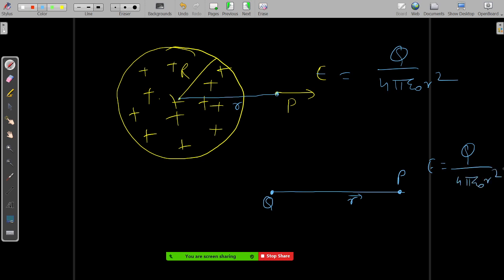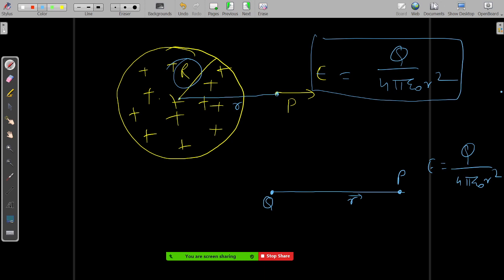Since you are able to find that this electric field does not depend on the radius of the sphere at all, and this formula is the same as the formula of electric field at a distance r due to a point charge q, we can assume that the whole charge of the sphere has been concentrated at the center as a point charge, and then we are trying to find the electric field at the external point.